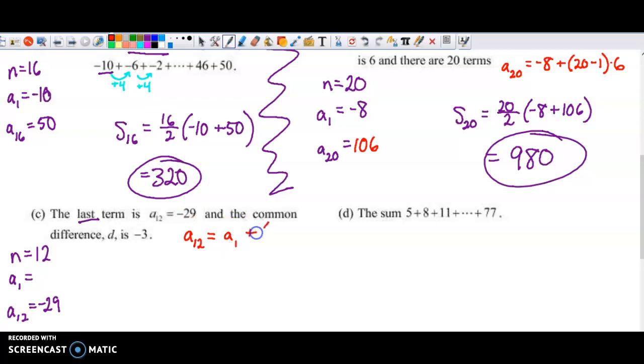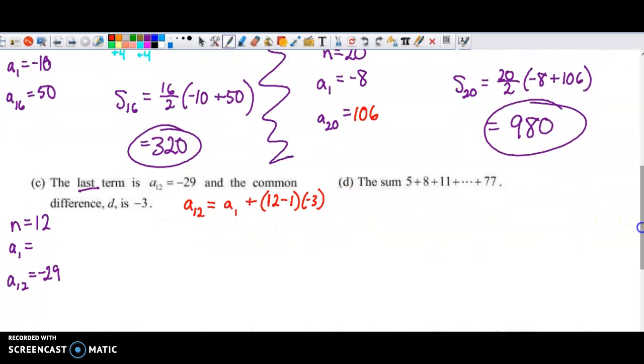A sub 1 plus n is 12 times the common difference of negative 3. So you might want to just figure out what 11 times negative 3 is. That would be negative 33. So you'd have to add 33 over to figure out that the first term would be 4.